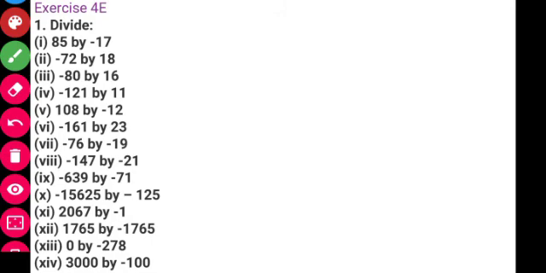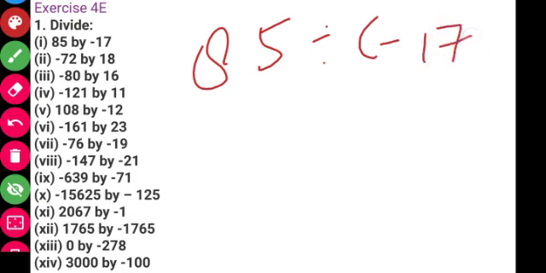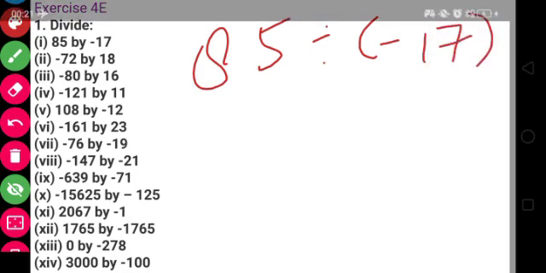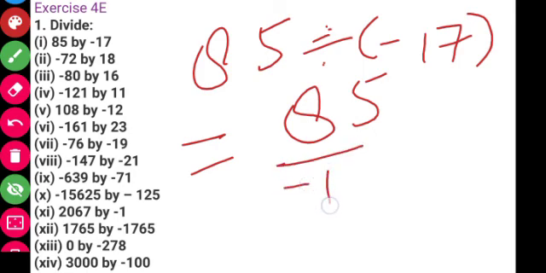So in the case of this, first question is given 85 divided by minus 17. Okay, so 85 divided by minus 17. So this can be written as 85 upon minus 17.